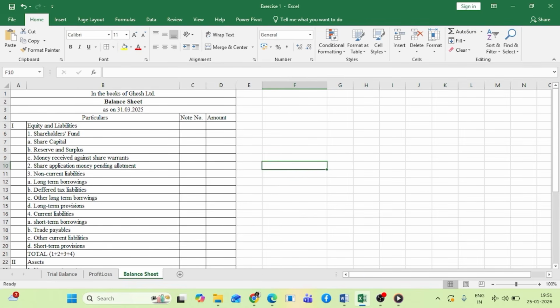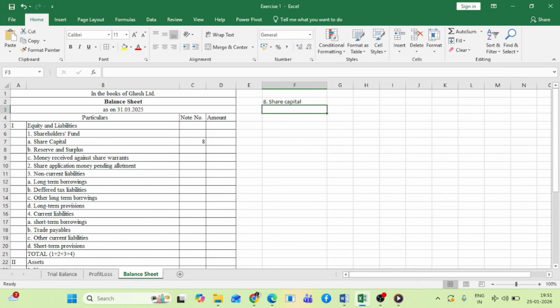Now the first one under equity is your shareholders' funds, and under shareholders' funds the first component is your share capital. In your profit and loss account we have ended at note number 7, so we'll start here with note number 8. Note number 8 is your share capital.